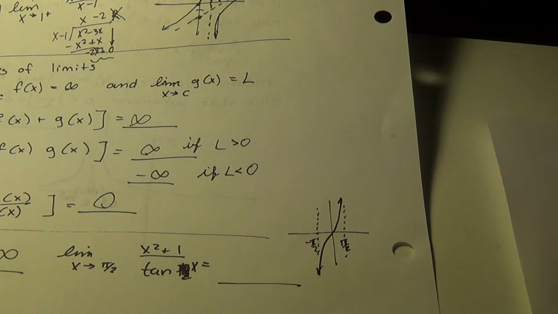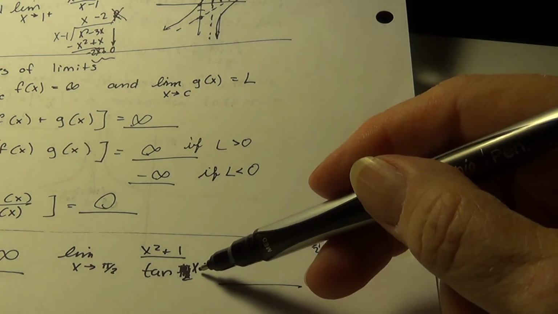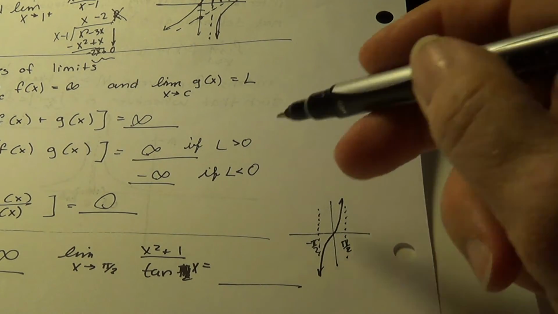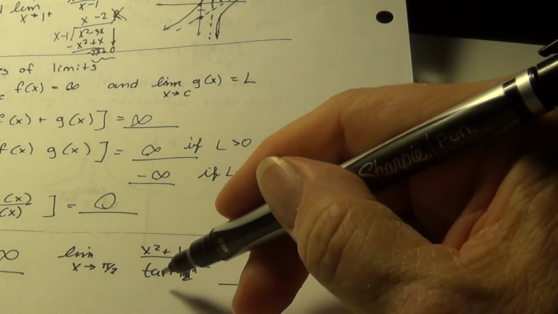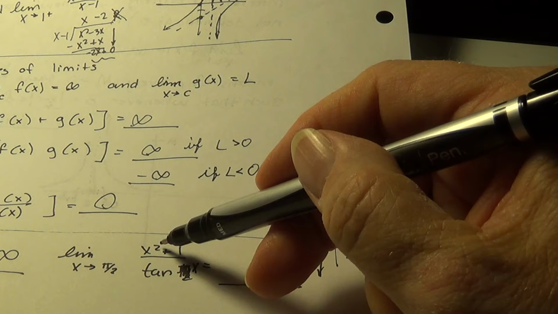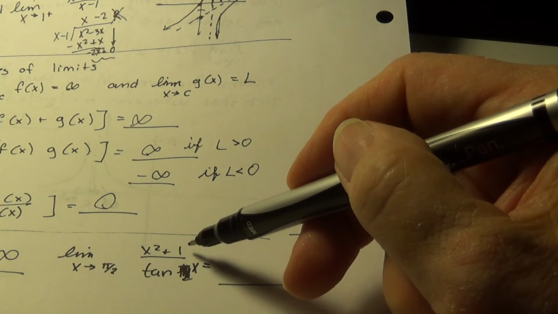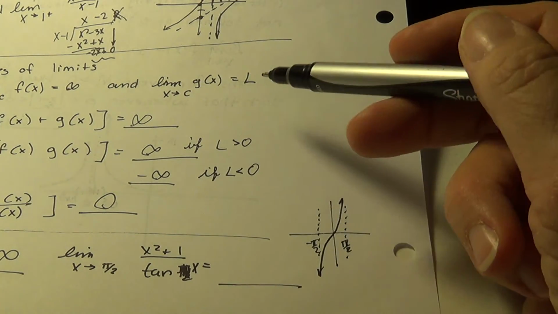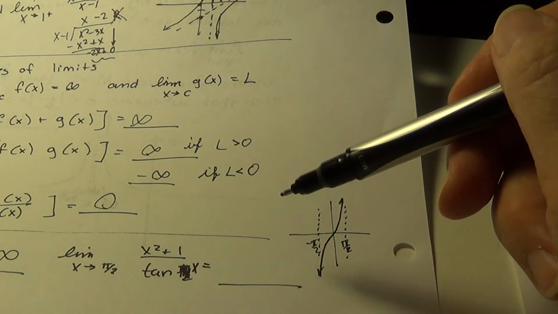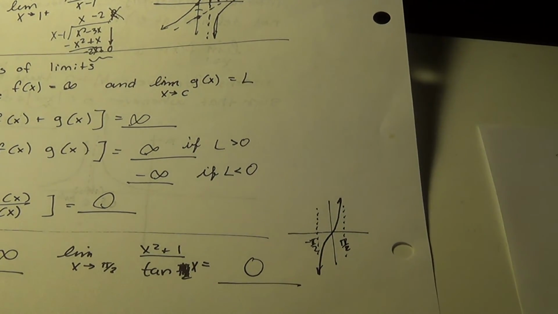So what happens to just tangent, the bottom part, as x gets closer and closer to pi over 2, it becomes infinite. So this part is infinite, but when we put pi over 2 in for x, we get pi over 2 squared plus 1, which I'm not really even interested in what that is. I know it's some constant. So we have a constant divided by infinity, so we get 0.